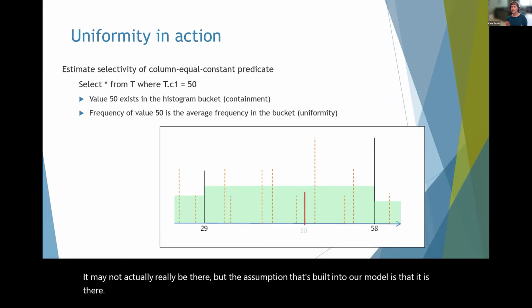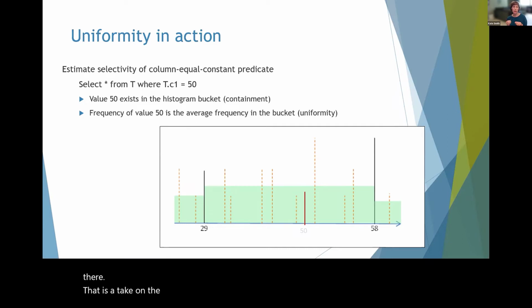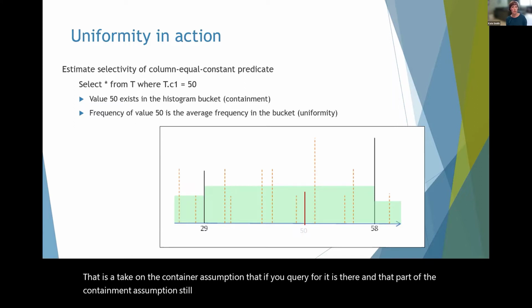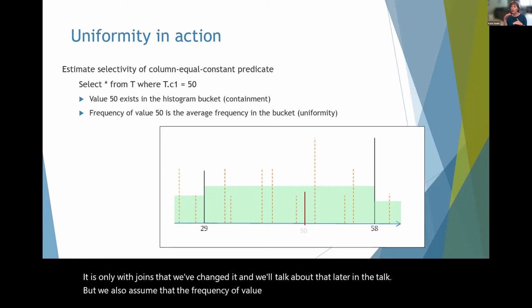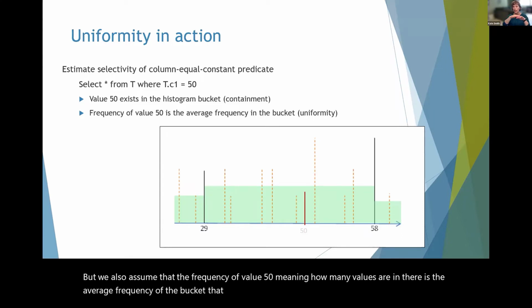That is a take on the containment assumption that if you query for it, it is there. And that part of the containment assumption still holds in SQL Server today. It is only with joins that we've changed it, and we'll talk about that later in the talk. But we also assume that the frequency of value 50, meaning how many values are in there, is the average frequency of the bucket, where that green area is.